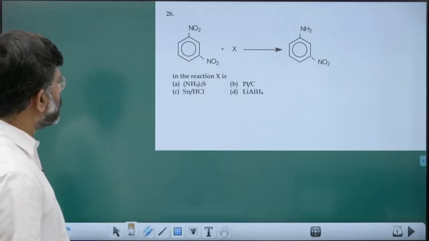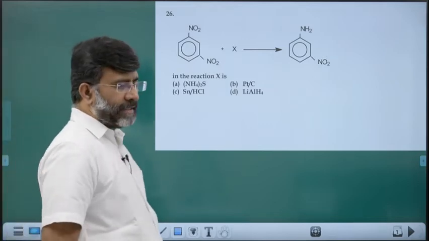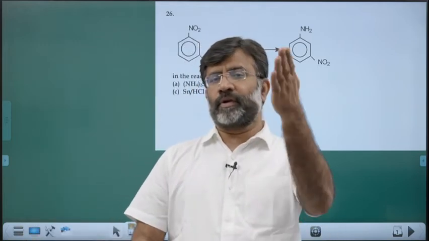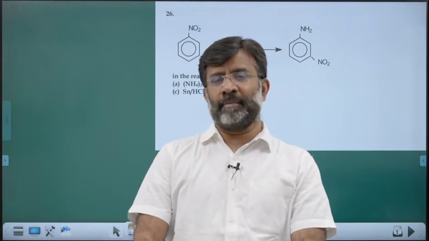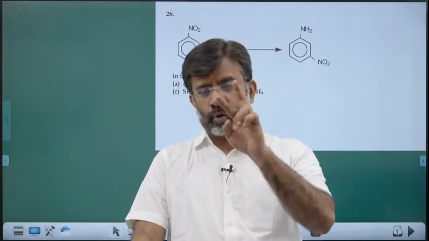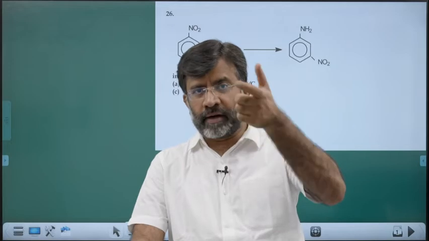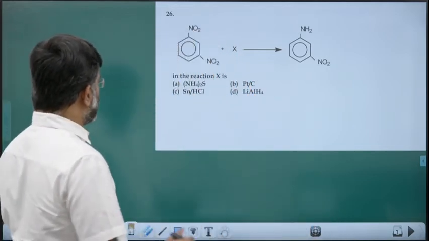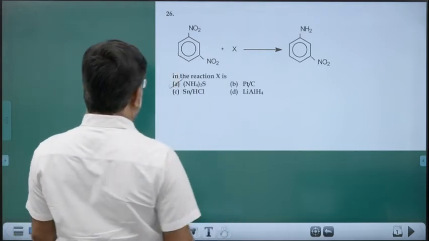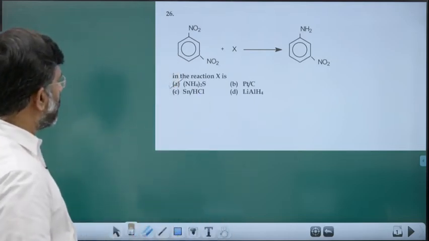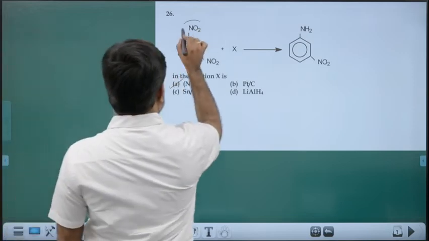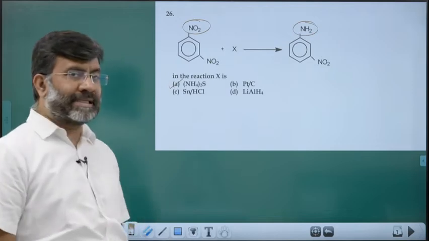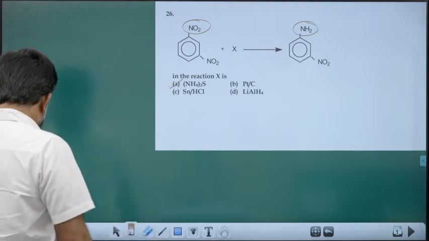Sometimes you might have heard about Zinin's reduction. That is selective reduction. If there are two NO2 groups, one group is reduced to amine. Out of the two NO2 groups, selective reduction of one group is called Zinin's reduction. It is conducted by compounds like ammonium sulfide, which give a selective reduction.